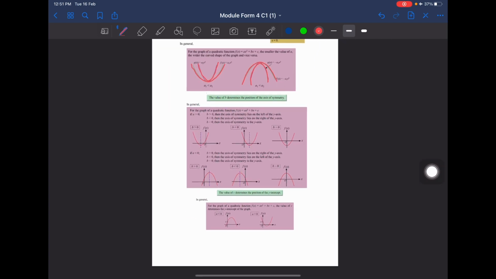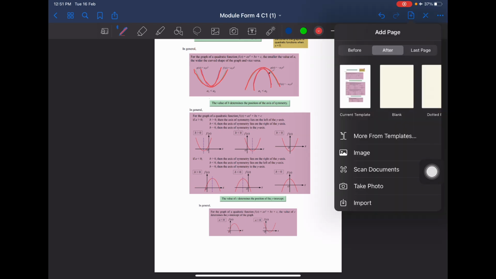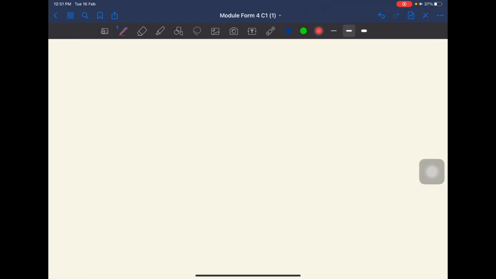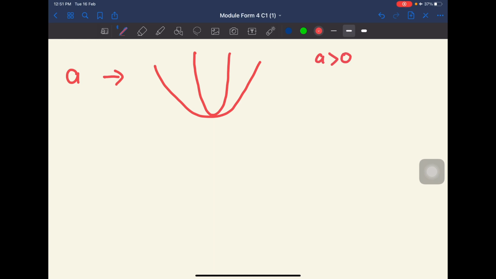Okay, so saya cuba buat rumusan untuk awak, summary. So A, value of A, kita nak tahu kebesaran, kelebaran kita punya graf. Kalau A more than 0, semakin kecil A kita, semakin besar dia punya size. Ingat, semakin kecil A kita, semakin besar. Kalau semakin besar A kita, semakin kecil dia punya size. A ni tadi nak tengok size.